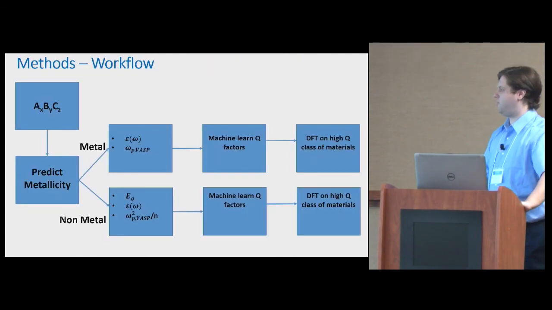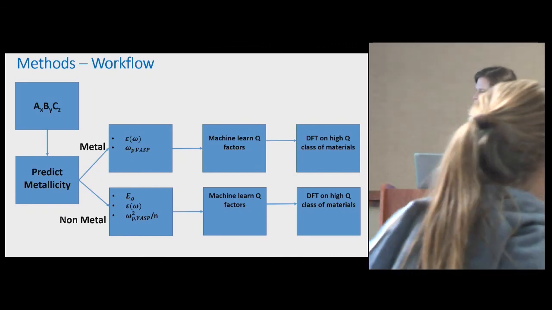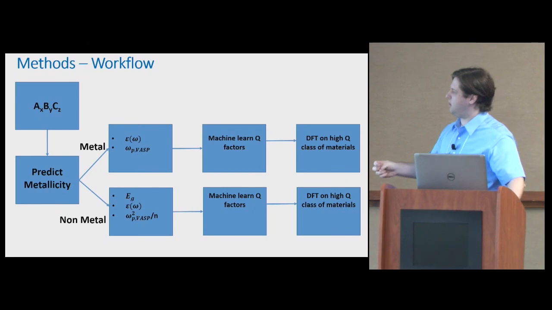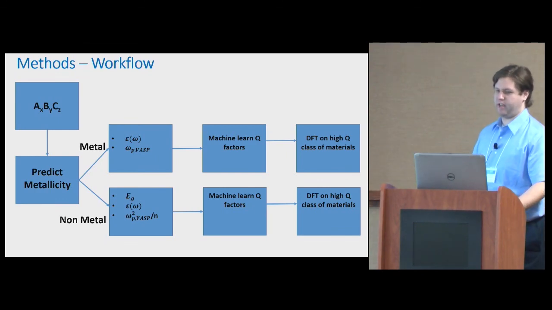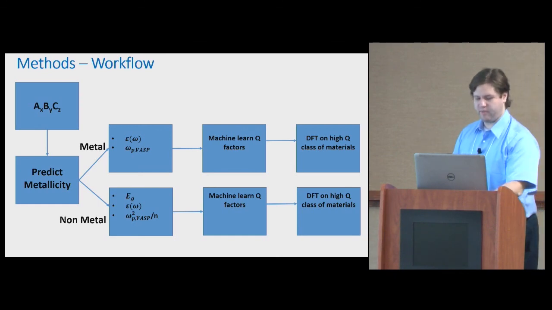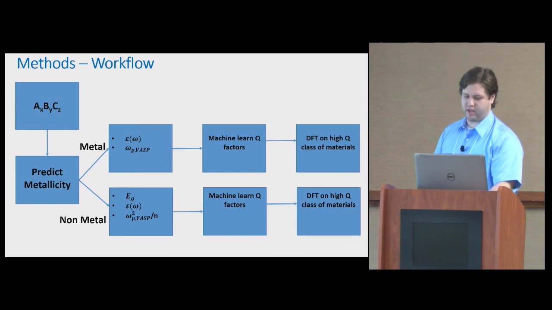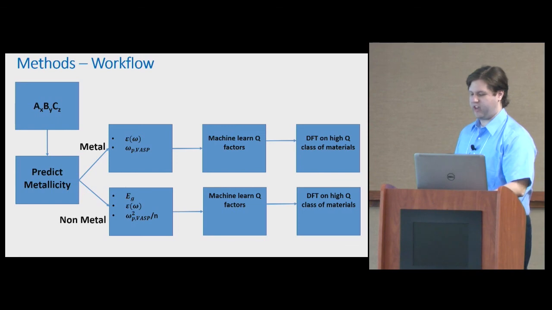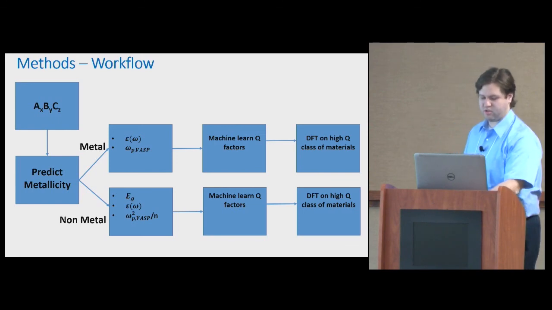So the general workflow for this is we'll start off with some arbitrary chemical formula, A_x B_y C_z. Then we predict its metallicity, whether it's a metal or a non-metal, because those have to be treated separately. For metals, we then calculate the dielectric function and omega p from VASP, we machine learn the quality factors, and then we'll perform DFT on the high Q class of materials.